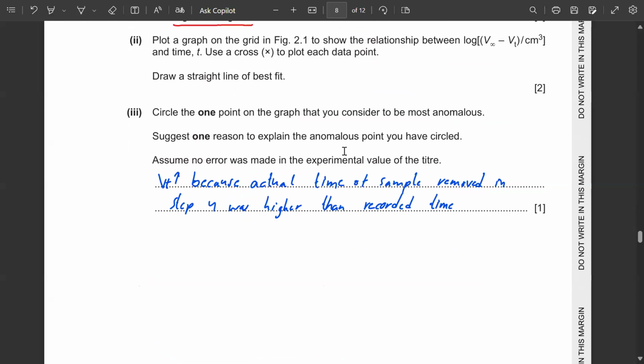Titer means calculating the volume, but we are not calculating the volume. We are calculating the time, according to the statement. That's what they're saying, that no error was made in calculating the volume. Oh, okay. Instead, the error was made in calculating the time. Clear?